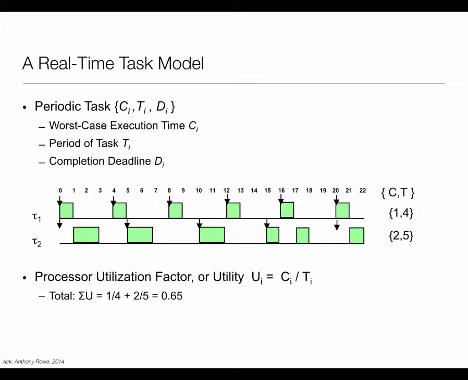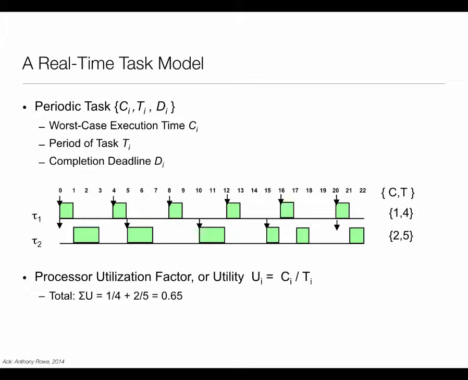A very important metric associated with any task set is its processor utilization factor, or sometimes you will see it called utility. That refers to what fraction of the CPU is needed collectively by these tasks.